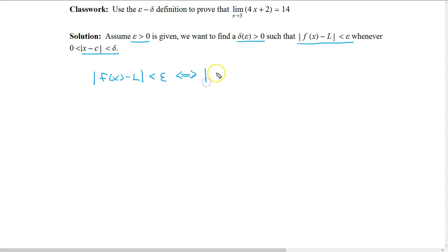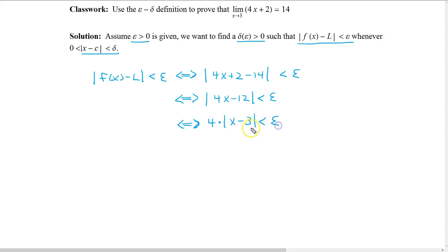So let's put everything in here. And we'll set that less than epsilon. And now this is the same as saying, now let's see, we'll manipulate this, and now let's factor out a 4. And there now we see our x minus c.